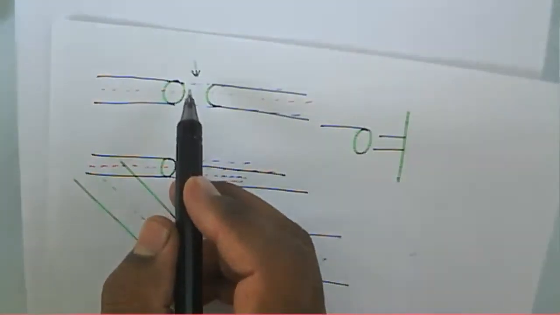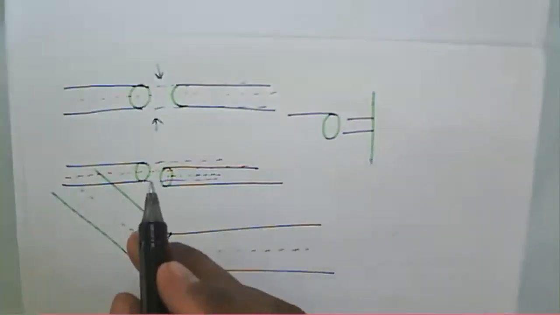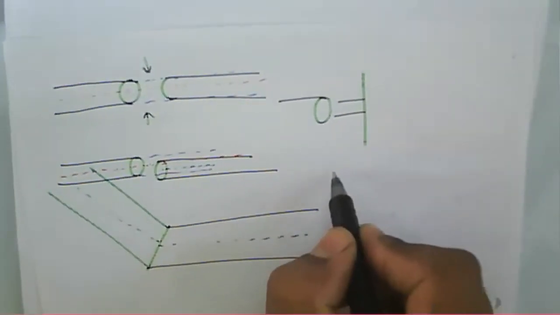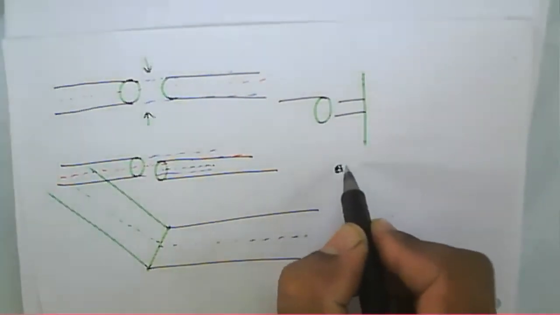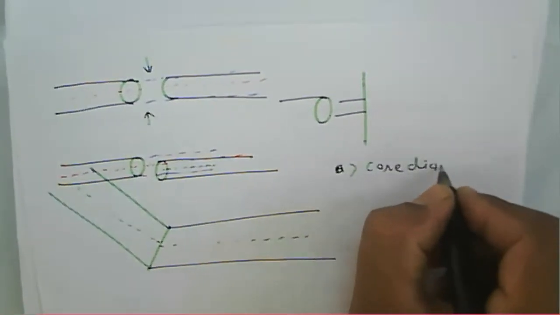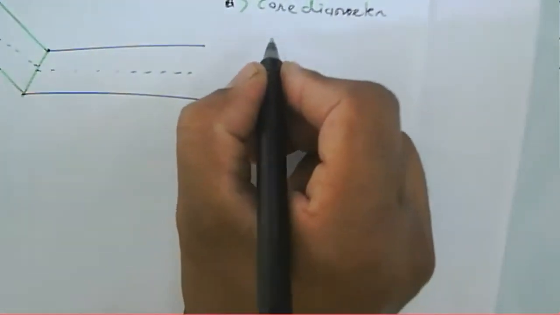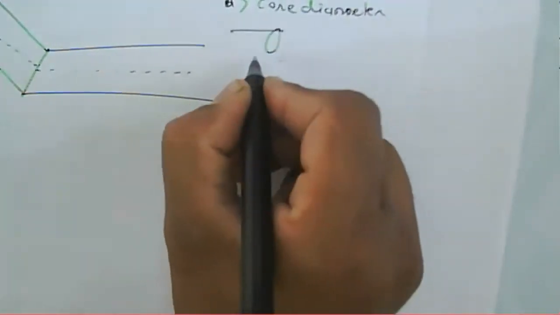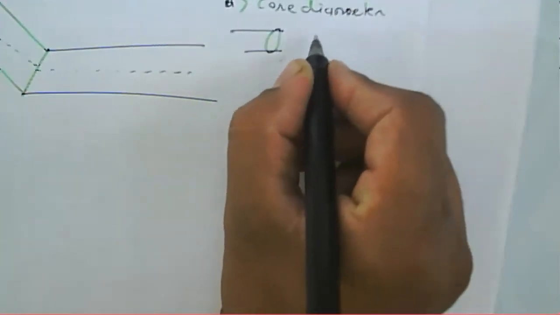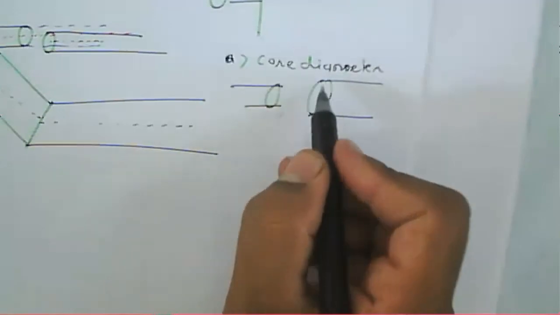So we are not able to connect the fibers there. Another thing is the core diameter mismatch. One fiber has a core diameter and the other fiber has a larger core diameter. So this is nothing but a core diameter mismatch.